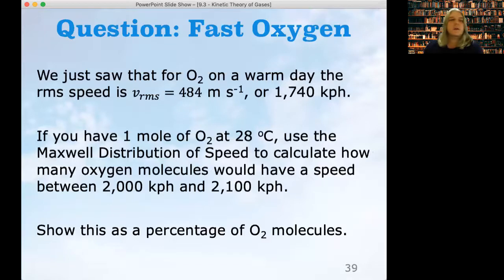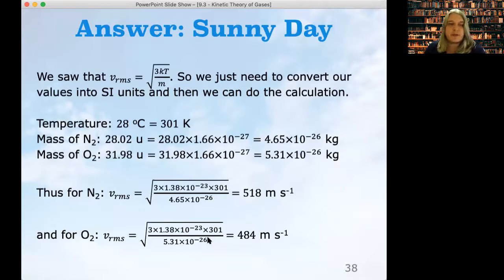Next question. We just saw that for an oxygen molecule, O2, on a warm day, the RMS speed is 484 meters per second. And actually, while I remember, you should be double checking that your first thought about the system was correct. When I said, think about which one of these molecules you expect to have a higher velocity, you should have hopefully thought nitrogen would, because it's got the smaller mass.